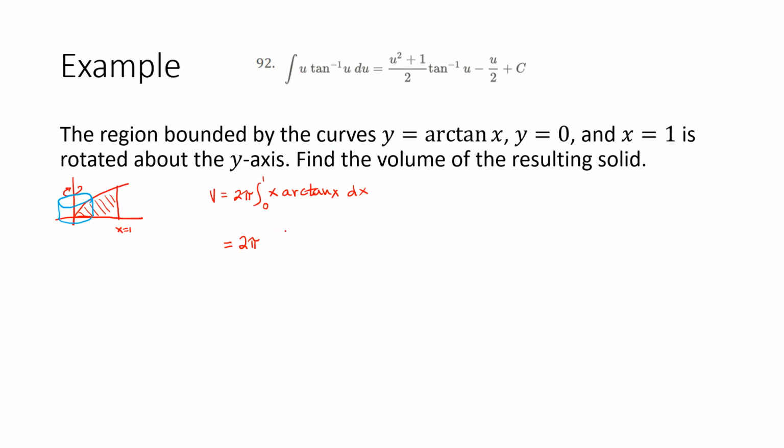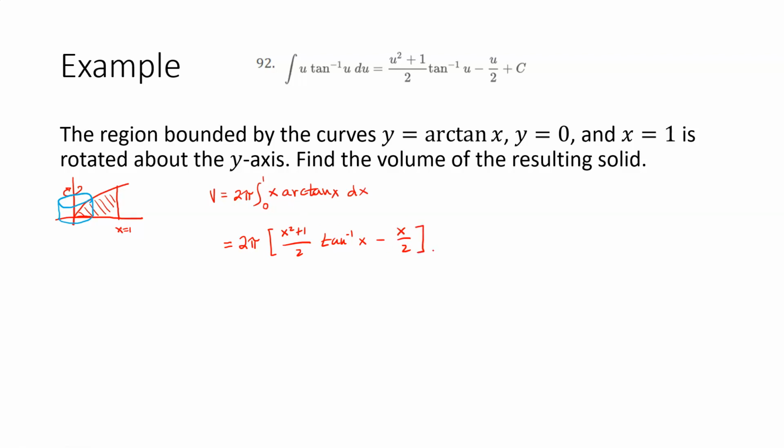Okay, so we get 2 pi times (x squared plus 1) over 2 tan inverse of x minus x over 2 plus c. But here actually, let's take away that plus c because we're not just finding the antiderivative.